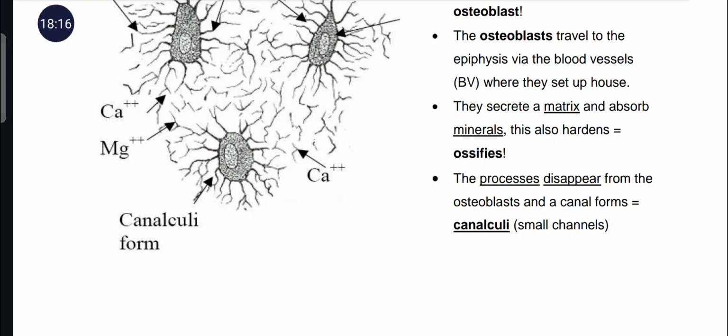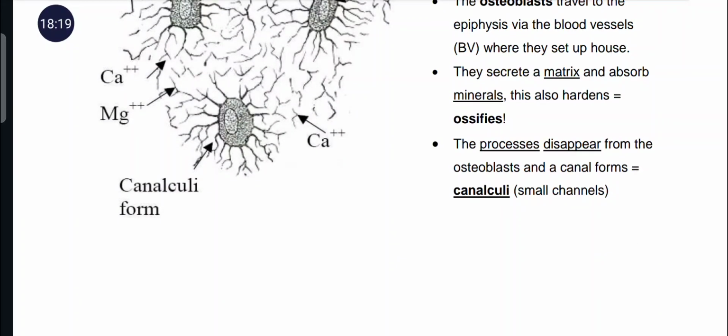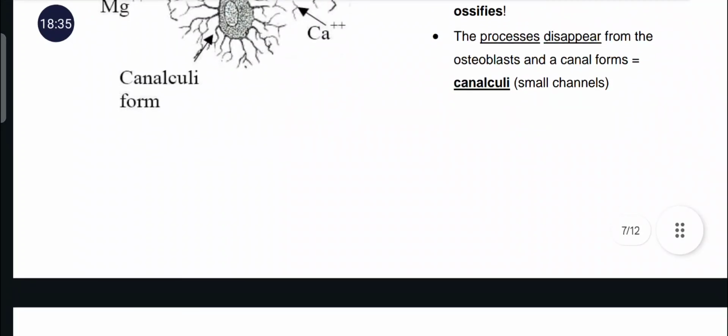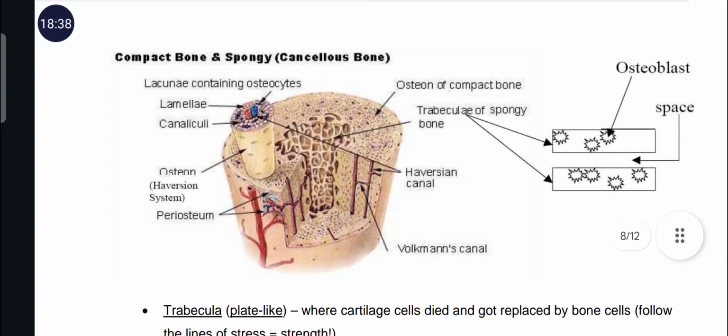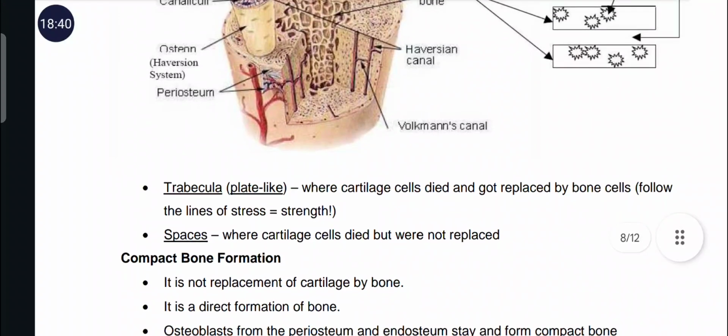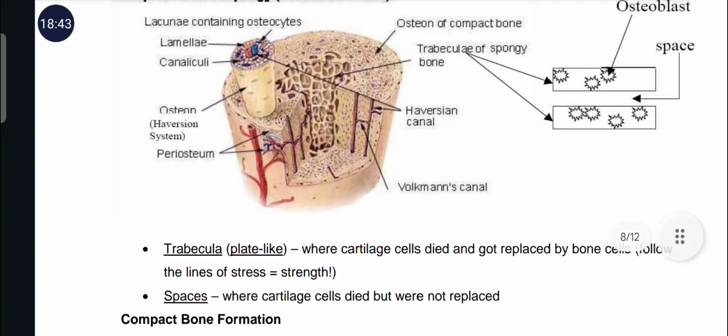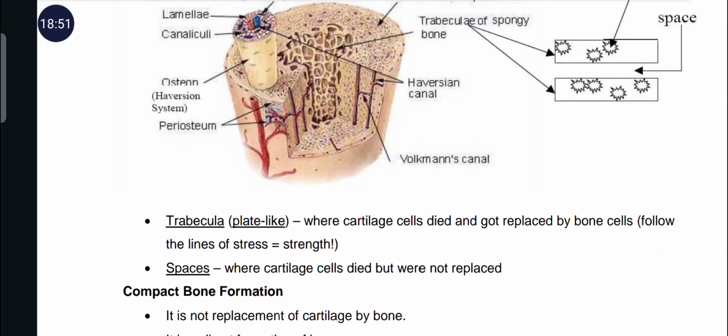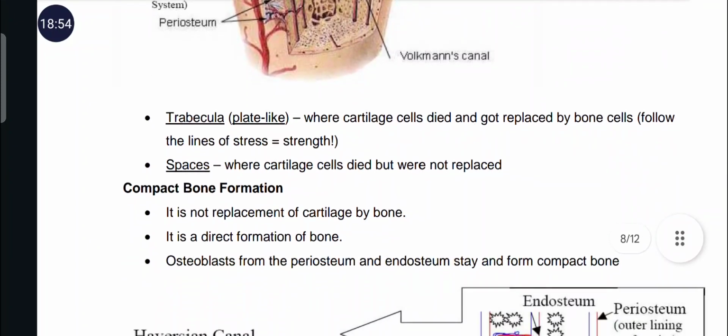Osteoblasts travel to the epiphysis through the blood vessels where they develop their structure. They secrete a matrix and absorb the minerals, and hardening takes place, which is called ossification. The process forms channels called canaliculi. Trabeculae are where cartilage cells die and are not replaced by bone cells in the spongy bones.